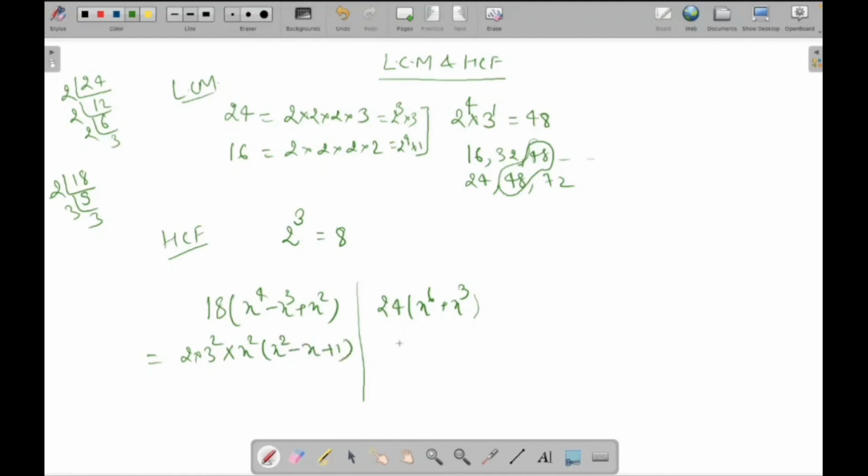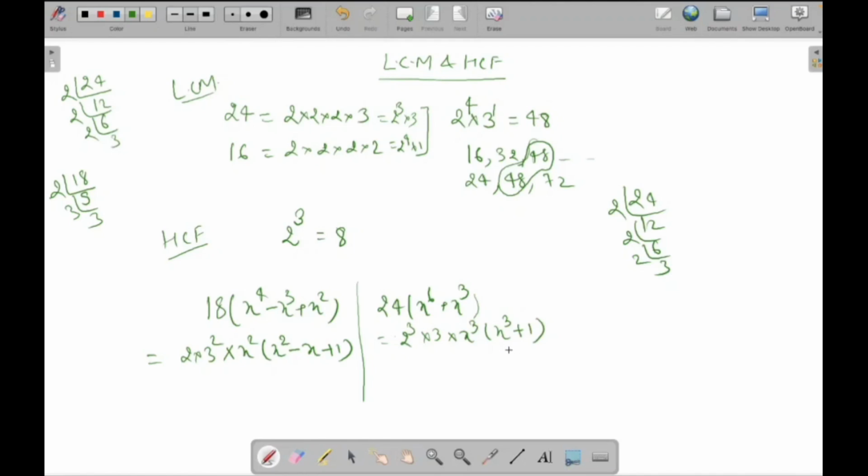And when I write 24, again I factorize it: I get 12, then 6, then 2 into 3, so this will be 2 to the power 3 into 3. From here I can take x cube common, and then this becomes x cube plus 1.